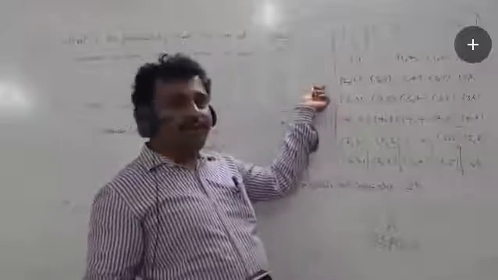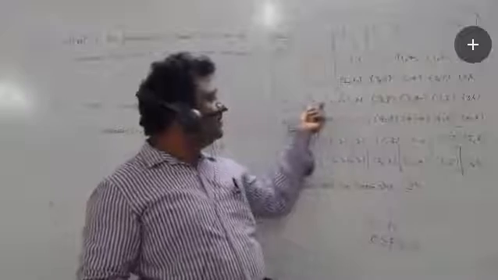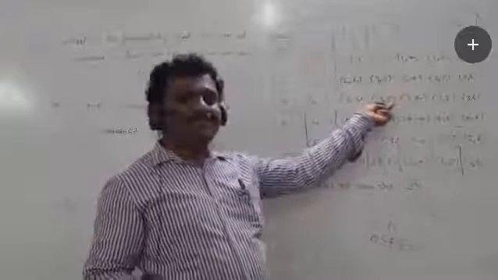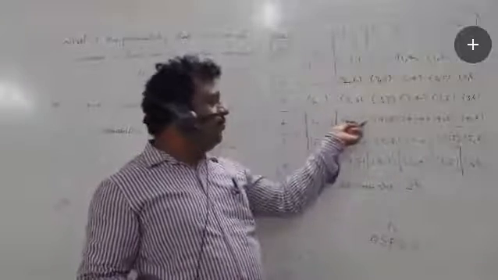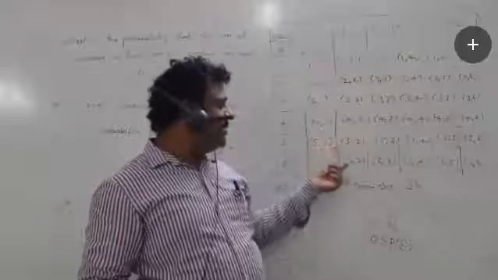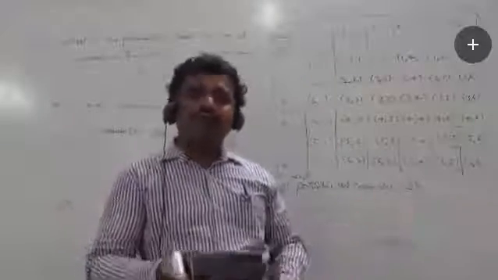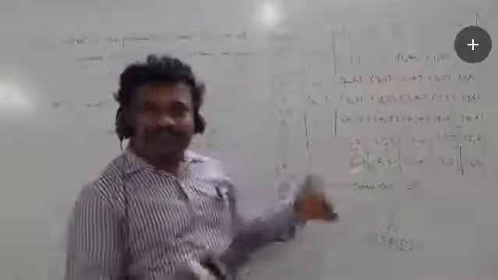Again 2, 1; 2, 4; 3, 3; 4, 2; 5, 1. Thus these are all factors of 6. These are all favorable outcomes.